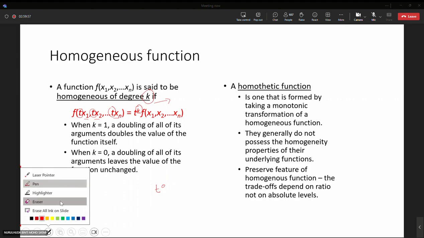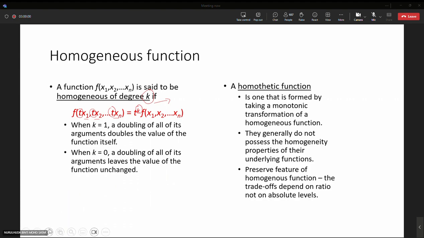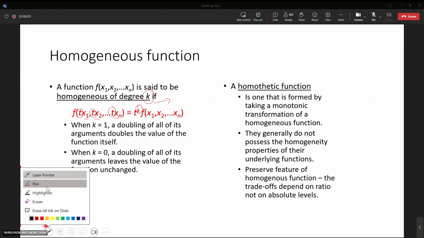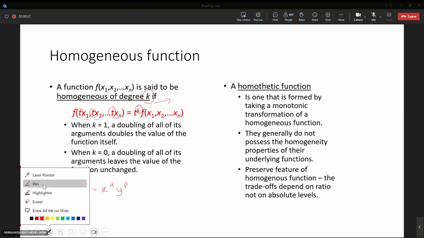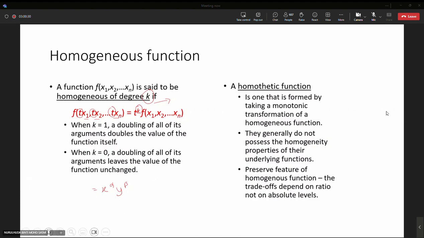A function that we normally use is the Cobb-Douglas function, for example. So we have, let's say, y equals x to the power of alpha and y to the power of beta. We need to put that f up here so that we don't get confused.